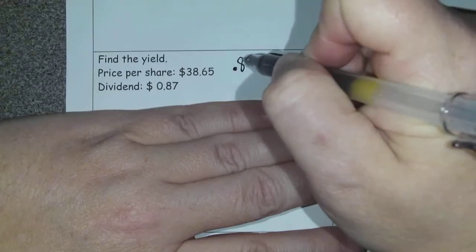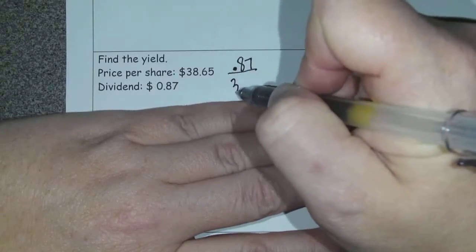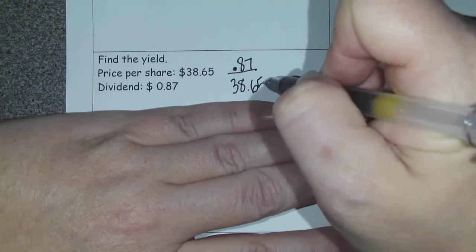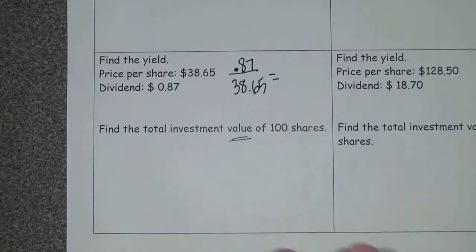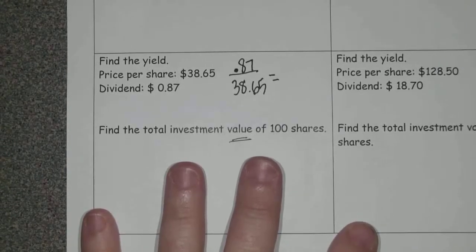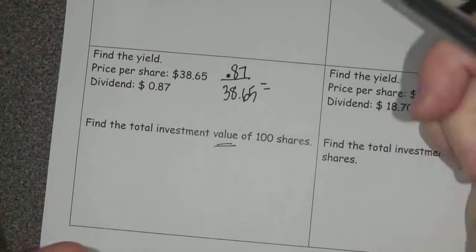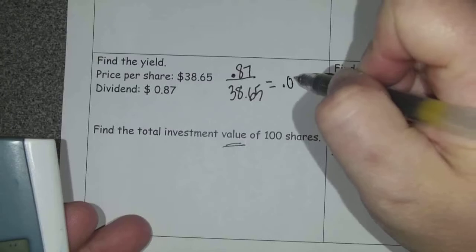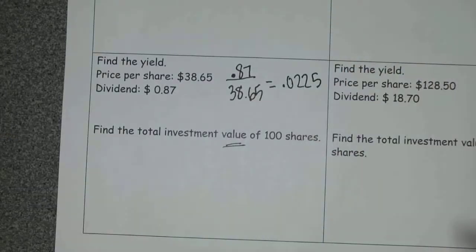The dividend is 87 cents, the price per share is 38.65. We're going to punch that in our calculator. Let's go to 4 decimal places today. When you plug that in and it spits out something really ugly, take that decimal number to 4 places. You want the answer? 0.0225. Thank you.